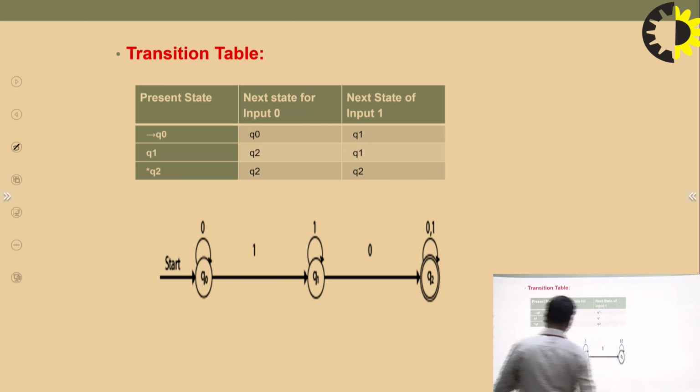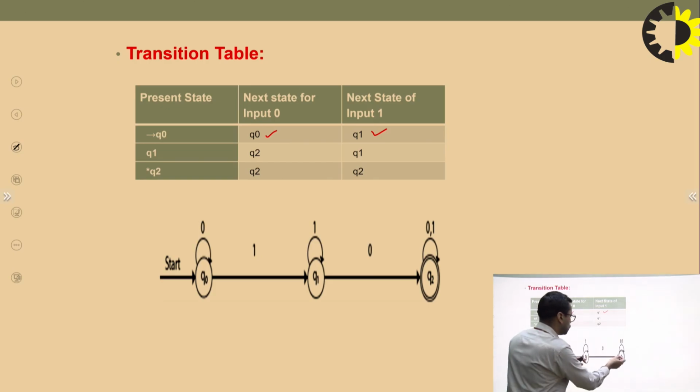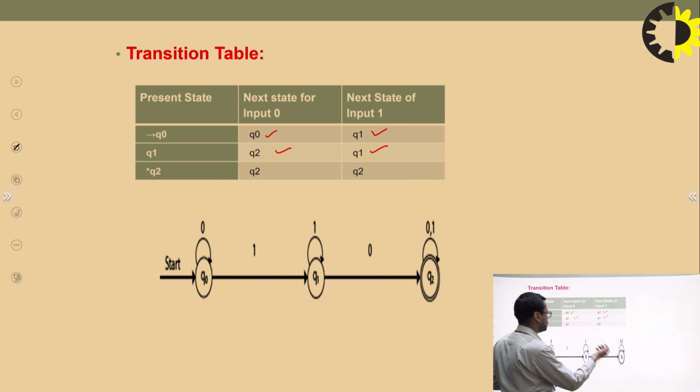So in the case of Q naught, after applying 0, it is a self loop, so it is represented here as Q naught. When we apply 1 to the state Q naught, it goes to Q1. In the case of Q1, when we apply 0, it goes to Q2, and when we apply 1, it is self looped. In the case of Q2, both 0 and 1 are self looped.